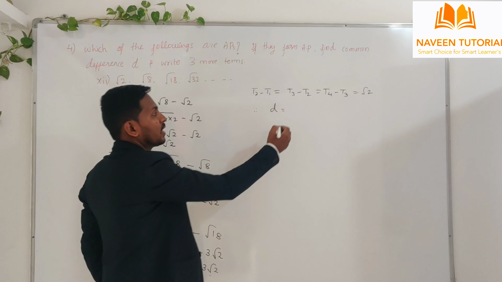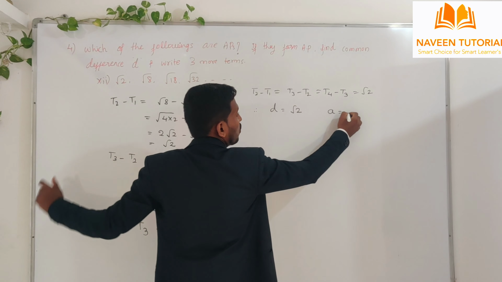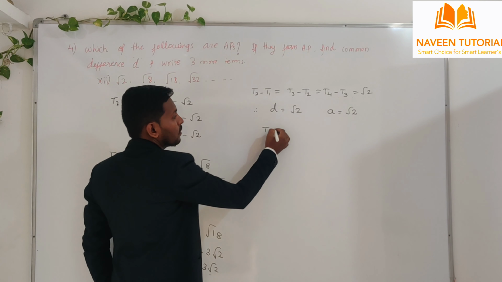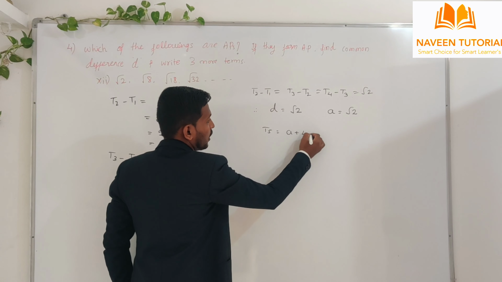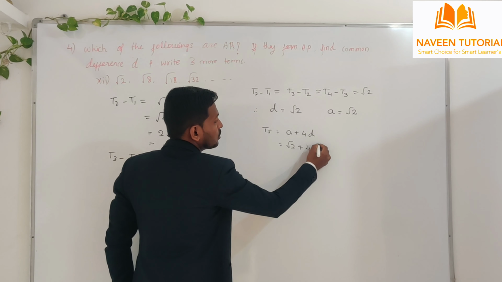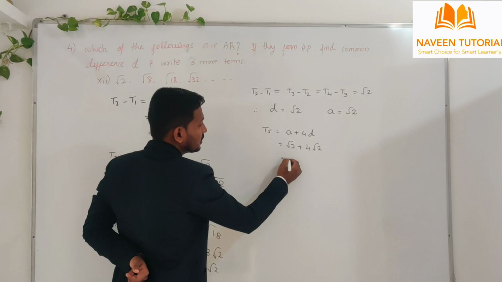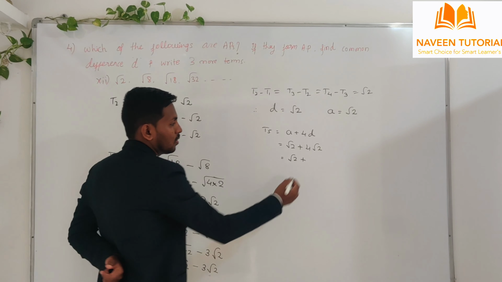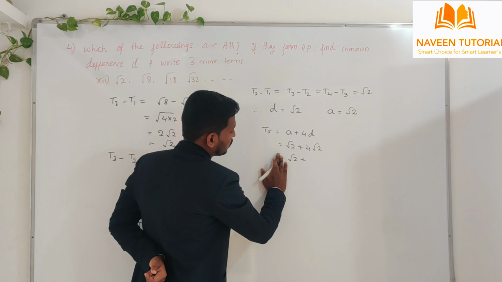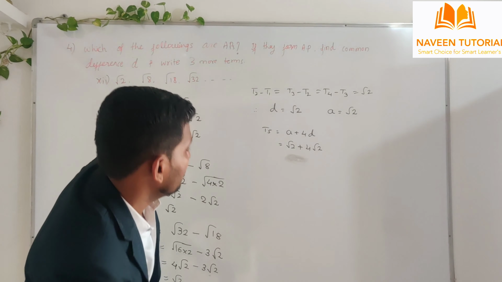Therefore the common difference D is equal to root 2 and the first term A is root 2. Now write down T5. T5 is equal to A plus 4D, that is root 2 plus 4 times root 2. You have to write down this much only, no need for further simplification of the T5 value.